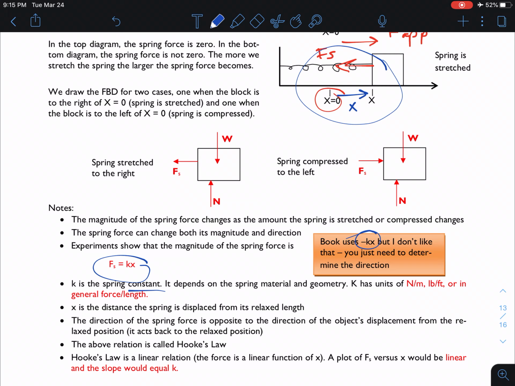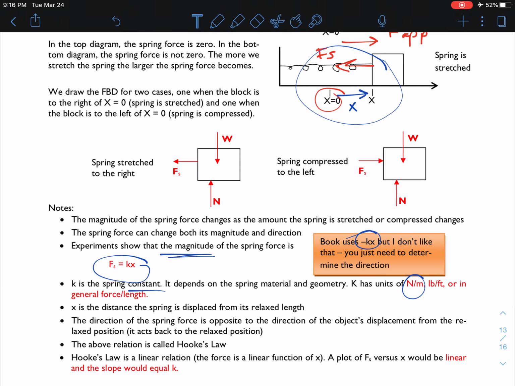That's all the negative sign tells you. This equation is the magnitude equation, simply k times x. k has units, in SI, of newtons per meter, simply force per length.